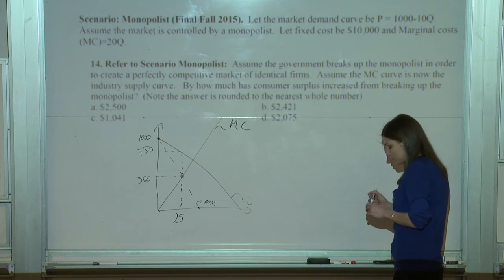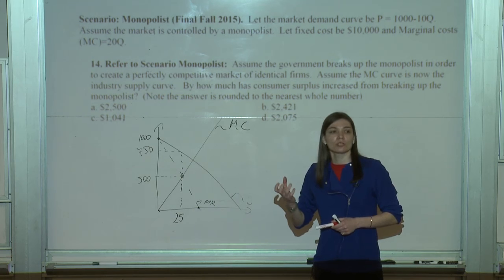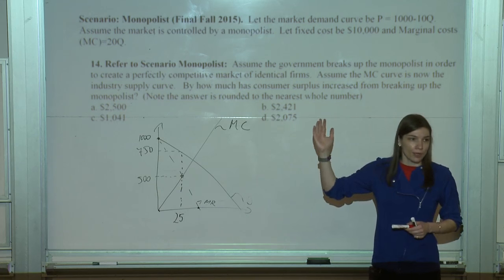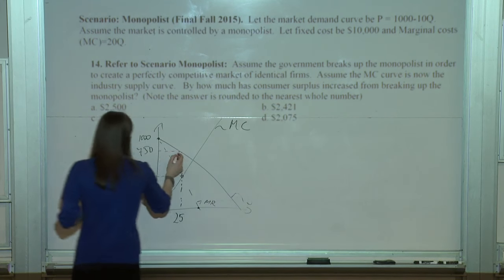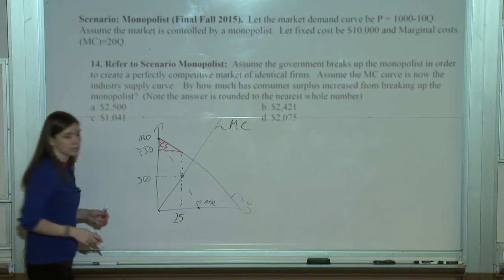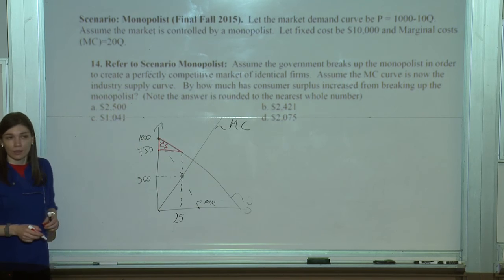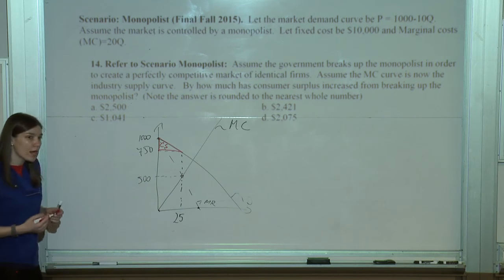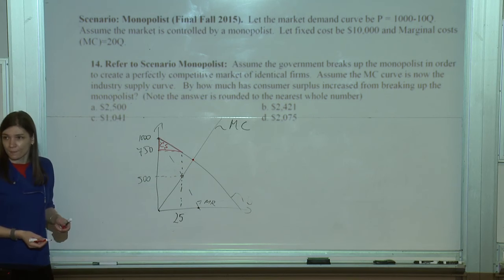I'm going to need to figure out some other things. But first, let's see what is in the monopoly case, what is consumer surplus? Well, consumer surplus is above the price, below the demand curve. Right? In a monopoly, this is the price. And this is the demand curve. So this is consumer surplus in monopoly. Agreed? Now, if I instead have perfect competition, I know that the outcome would be the intersection between supply and demand, right?